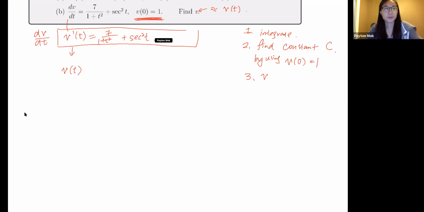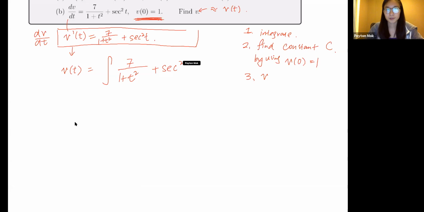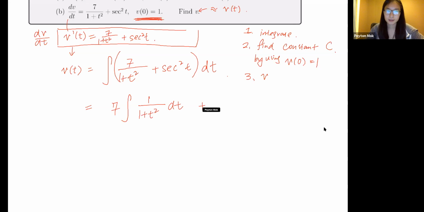Integrating both sides, the left-hand side will give us v of t. The right-hand side, let's just write the symbols before taking any steps further. When we integrate this, we'll have this expression. Now we can split it into two different integrals. The first integral will be 1 divided by 1 plus t squared, dt, plus this.